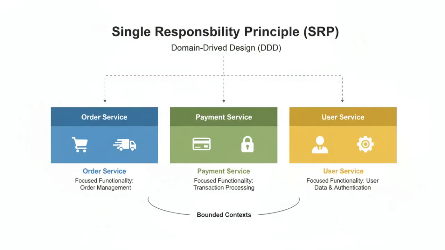In the context of microservices, this means each service should encapsulate a specific business capability or bounded context. For example, an order service should exclusively handle order-related operations like creation, retrieval, and status updates, not customer management or payment processing. Adhering to SRP ensures services remain small, focused, and truly independent.